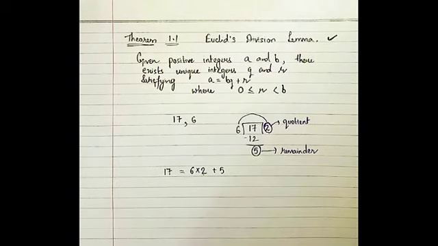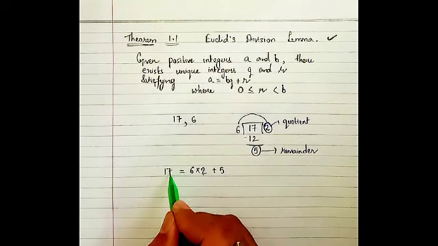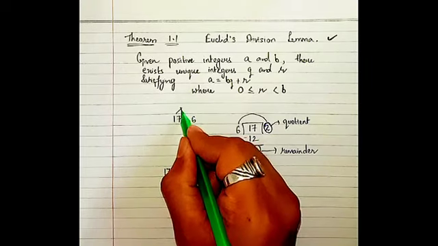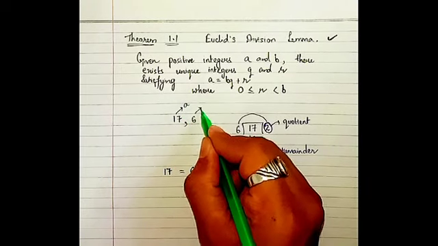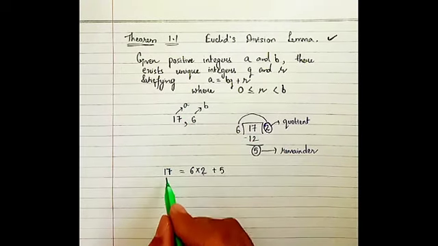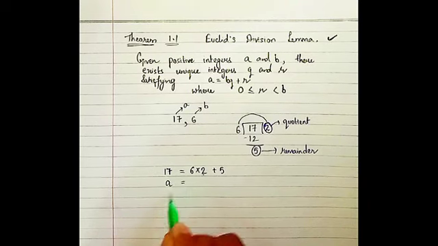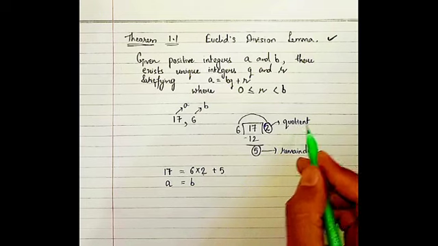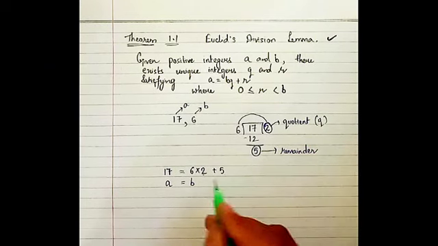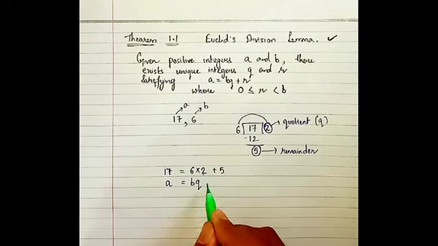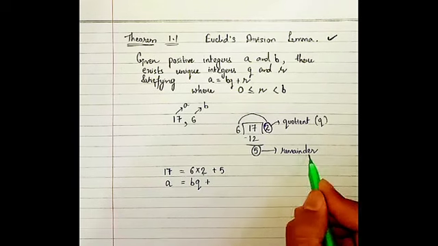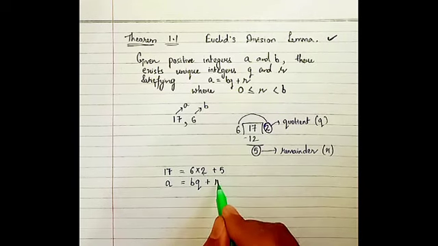Now I will change the symbols. This 17 is my a and 6 is b, 2 is my quotient, so I can write the symbol q, plus 5, that is remainder r.